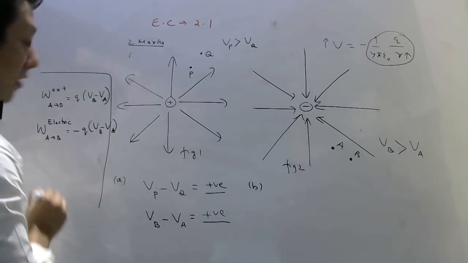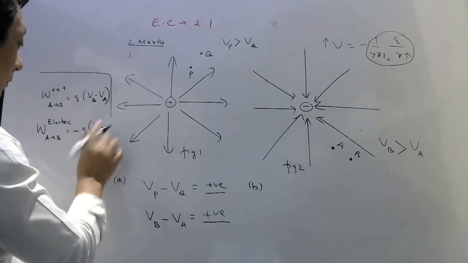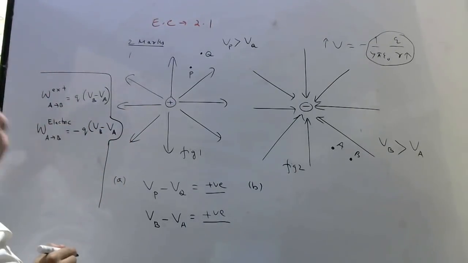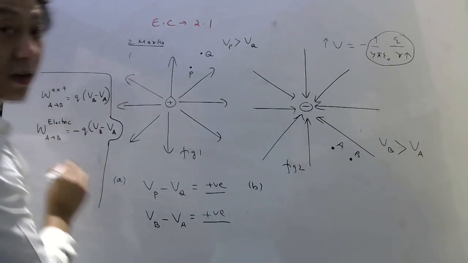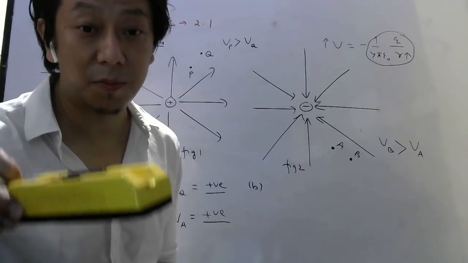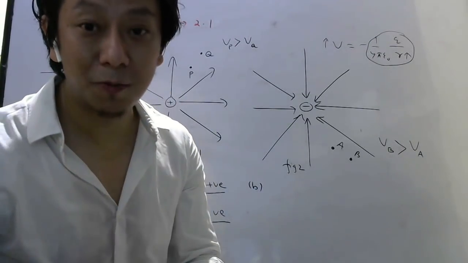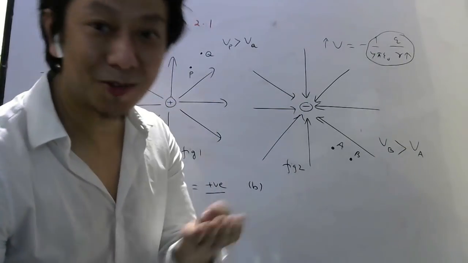Be very careful, this is important. This is by external force, this is by electric field. It's like, when I move this duster up, I'm doing positive work, but gravity has to do negative work because I want to move this body slowly. That is the whole concept.